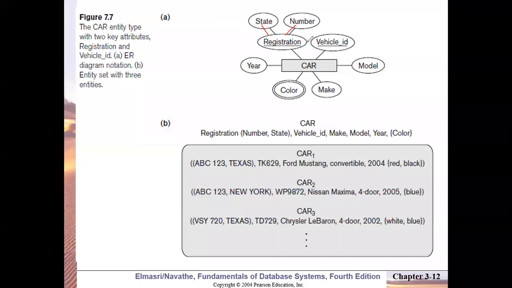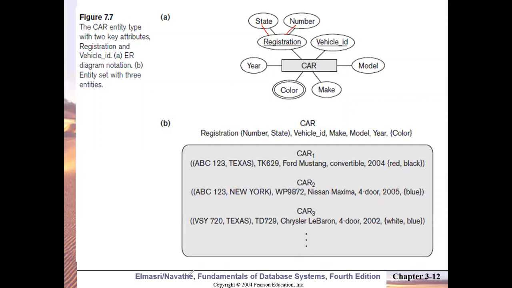So there could be multiple keys. Now this can happen only in conceptual discussion. But when it comes to practical implementation, multiple keys are not allowed. That we will see later. But right now you are studying only the theoretical concepts. As per theory, there could be multiple keys. But what is a key attribute? One whose value is unique for every entity in an entity type.